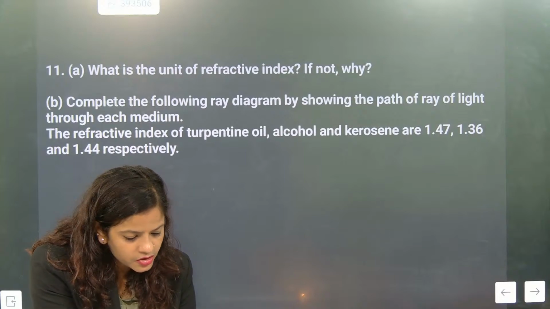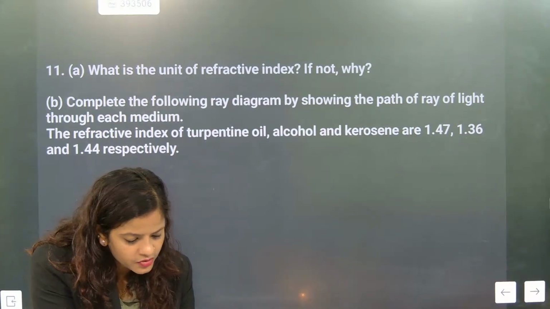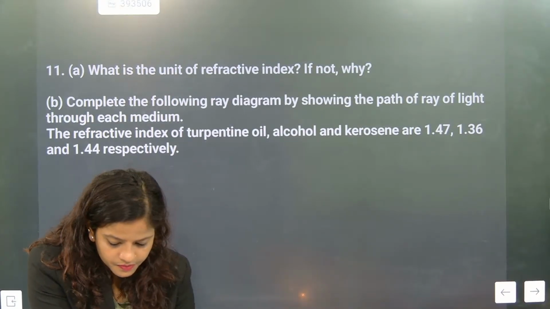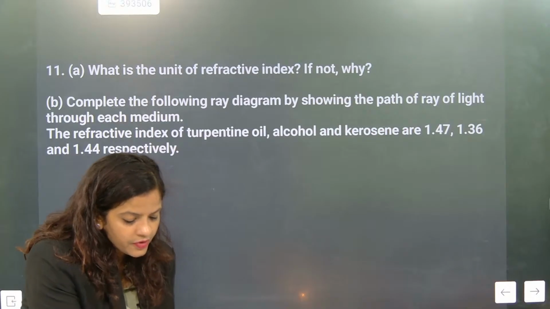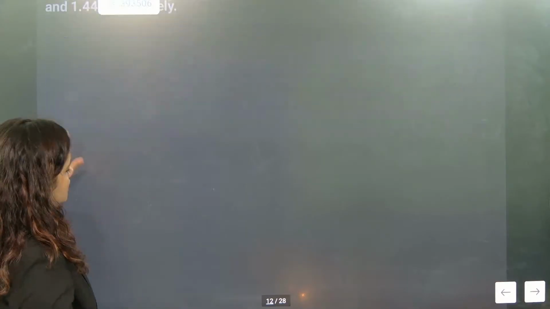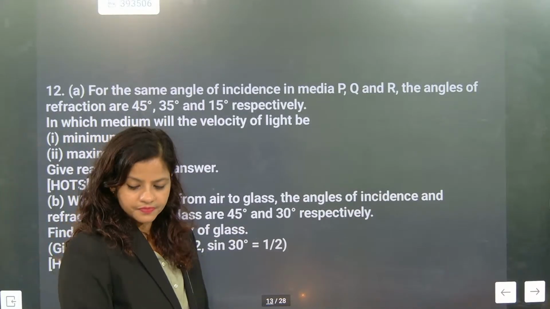Is it done? This question also done? Refractive index question, this also done, na? Okay, we'll solve next question. Try this question out.